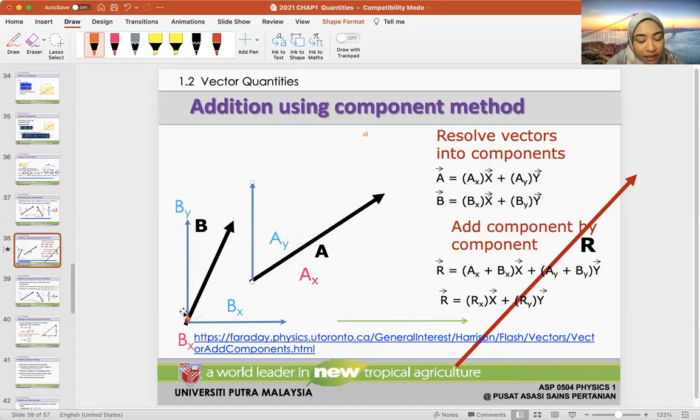So kalau korang perasan, Y untuk B kan, kalau nak lukis lah, the length should be like this. It should follow the top of your vector and BX patut follow juga. So yang tu tersilap. This guy should be like this.